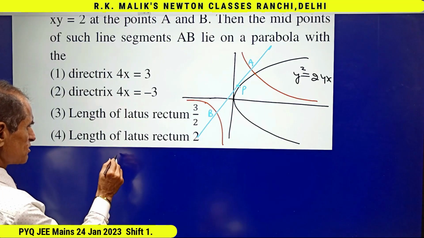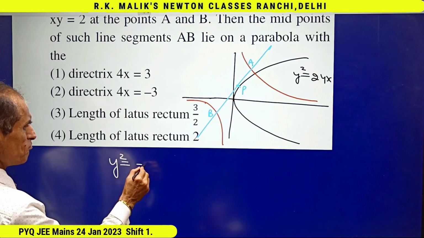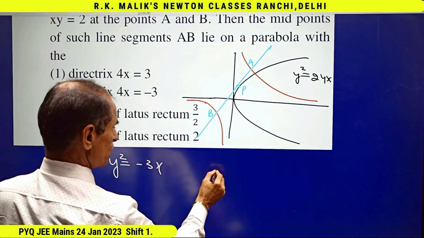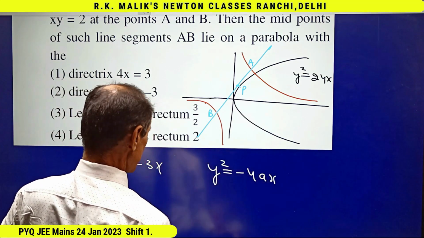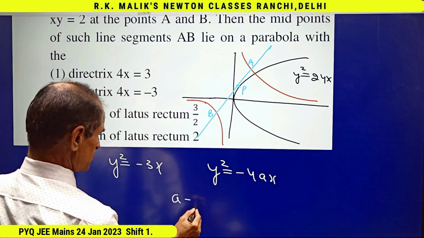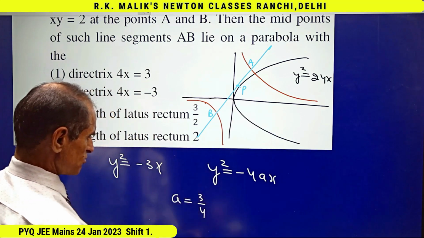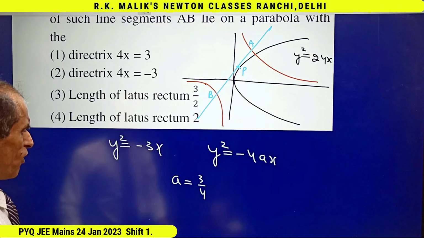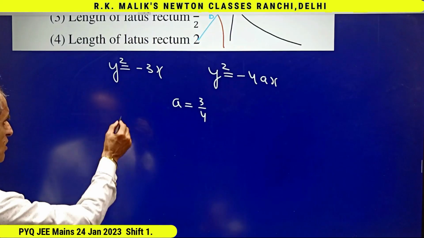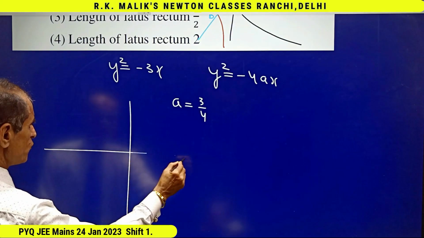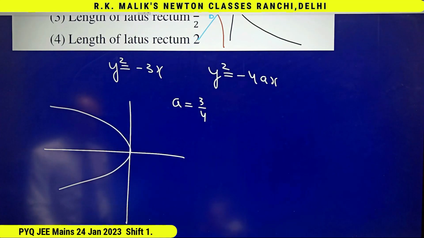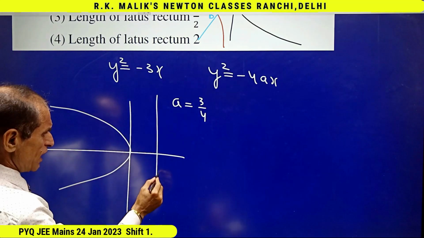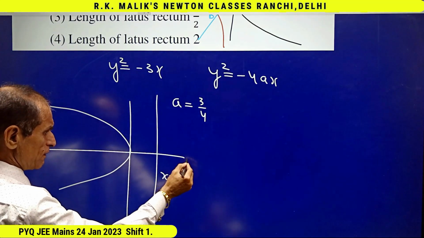And for the parabola y square equal to minus 3x, comparing it with standard formula y square equal to minus 4ax, I can say a is 3 by 4. That is, graph of this will be this parabola, whose directrix will be x equal to a.